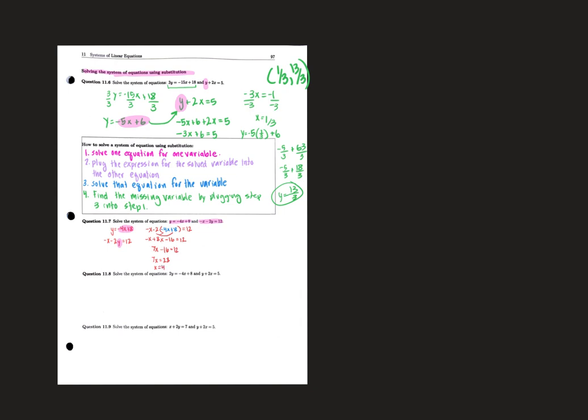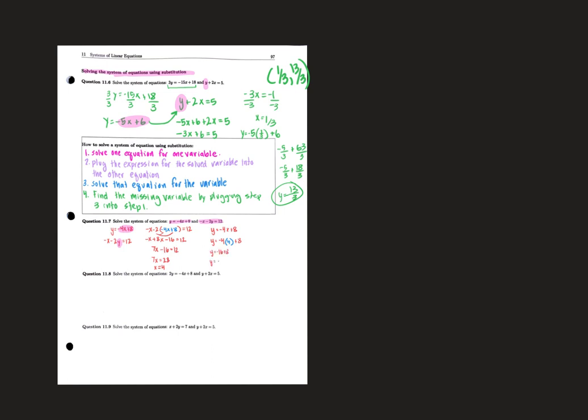Now we're not done. We still have to figure out what y is. We know y is negative 4x plus 8. So if I go and I plug the value for x in to my original substituted equation, I get y equals negative 16 plus 8.